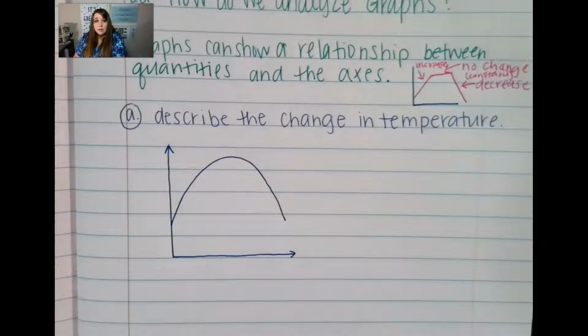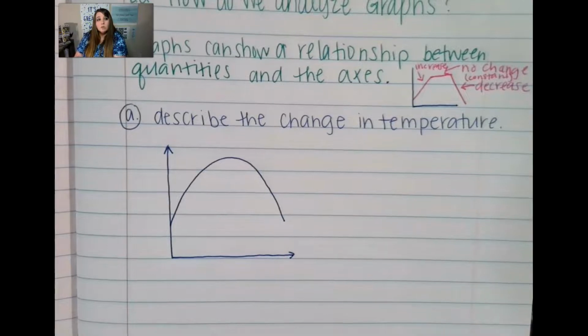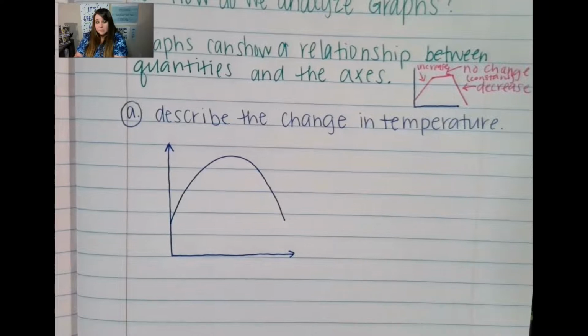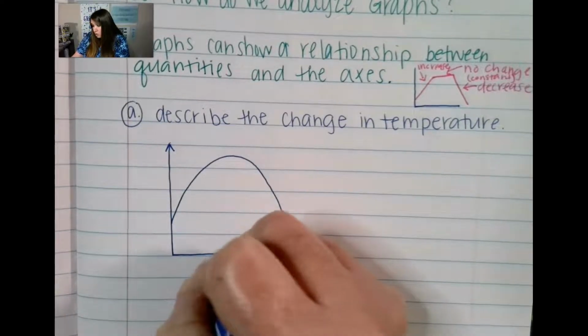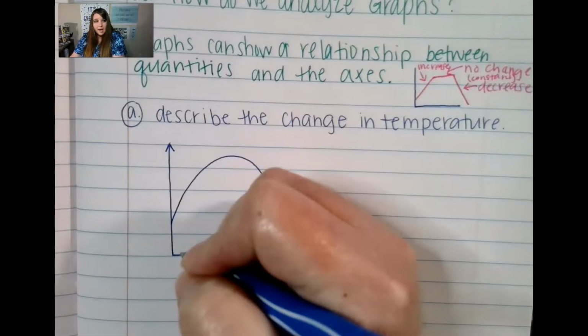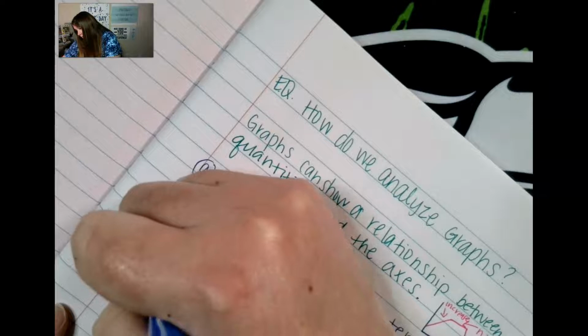Two, it's non-linear because also it doesn't have a constant rate. So it changes in its rate, right? So we can describe the temperature by looking at the axes. So this one here shows time. And this one here, the y-axis, shows the temperature.